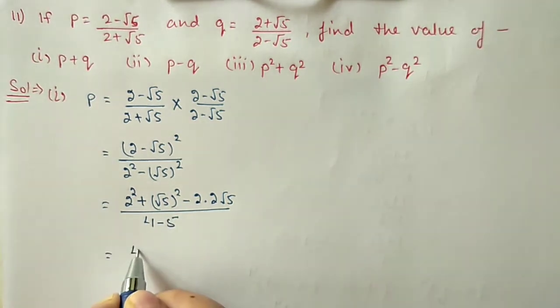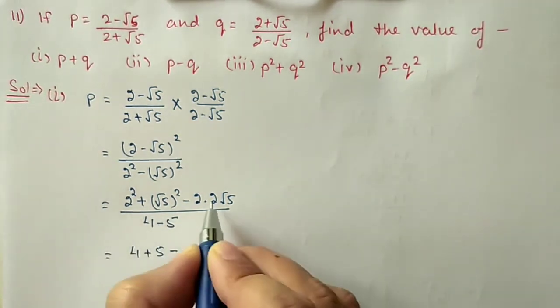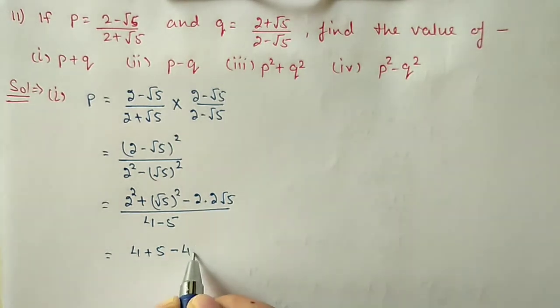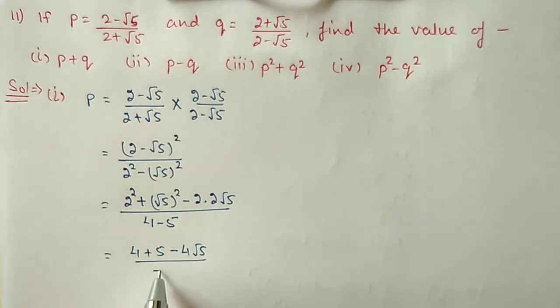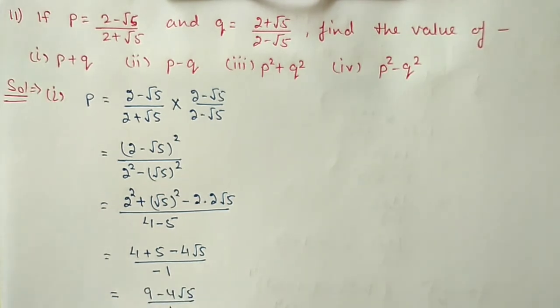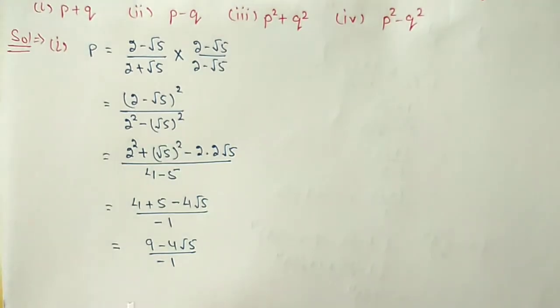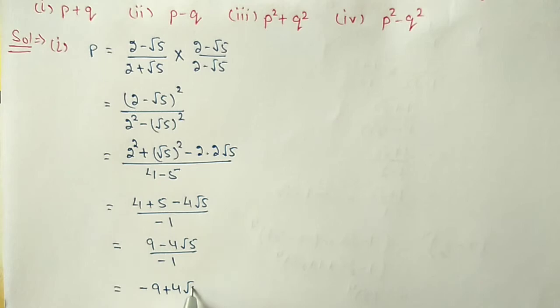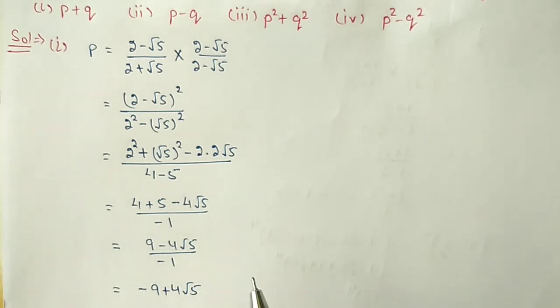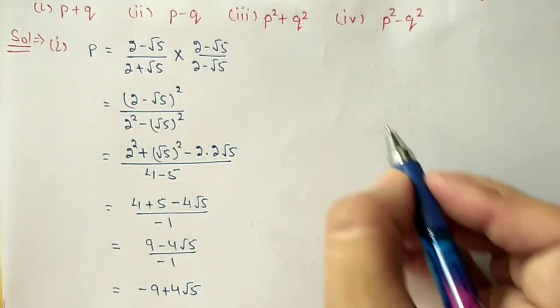So 4 plus 5 minus 2 into 2, 4 root 5, divided by minus 1, which we will get 9 minus 4 root 5 by minus 1, or we can write it minus 9 plus 4 root 5. This minus 1 we can shift up and the symbol will change.